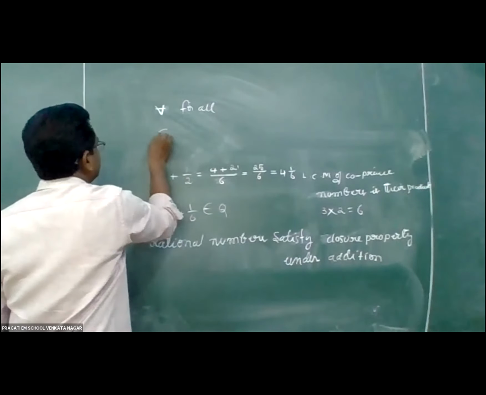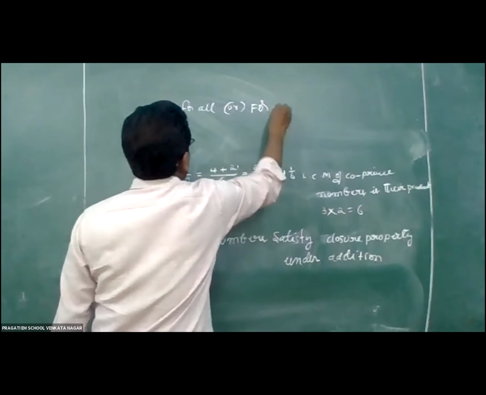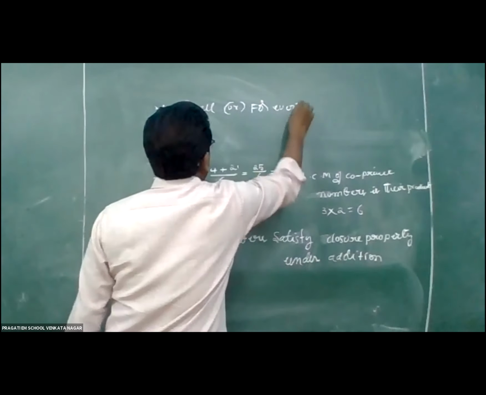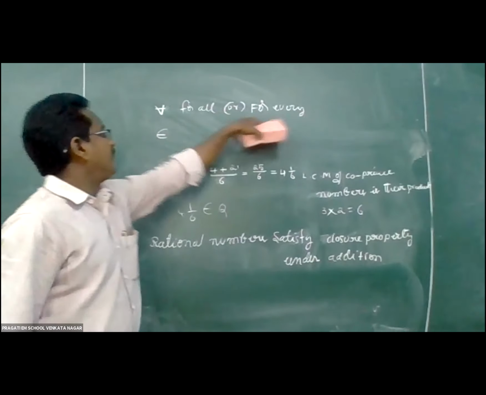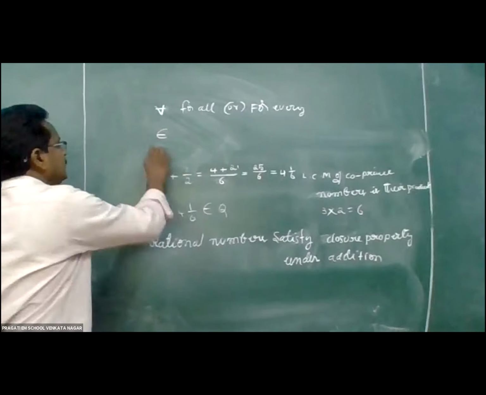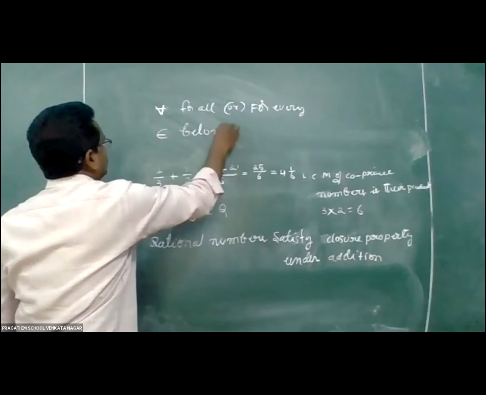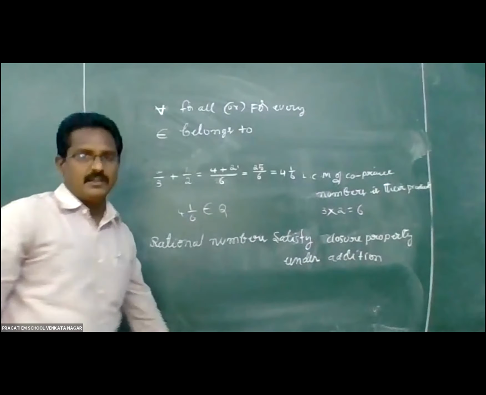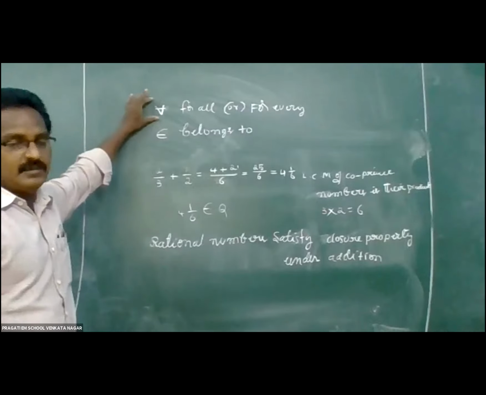This symbol is read as for all or for every. The next one, which I already explained yesterday, means belongs to.